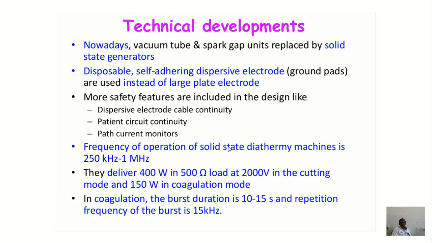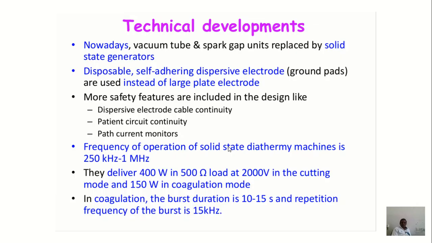The size was very big, the cost was very high, and the power consumption was also very high. We used the vacuum tube and the spark gap generator, but nowadays they are replaced by solid state generators. For surgical diathermy we use solid state generators nowadays.